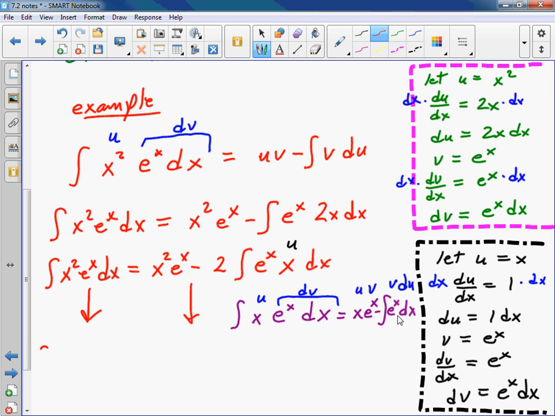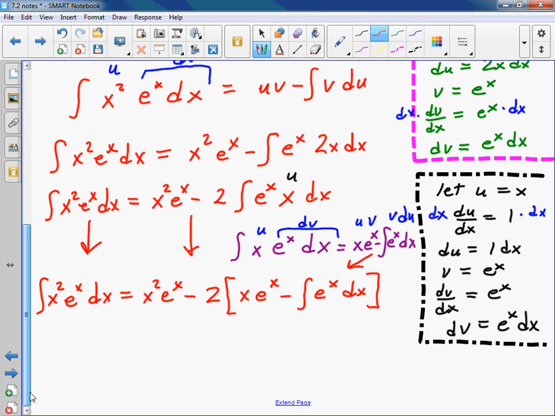So I have now the antiderivative of the first original problem, x squared e to the x dx equals x squared e to the x minus 2 times, I'm going to put all this, you know I love these guys, x, I'm bringing this in, x e to the x minus the antiderivative of e to the x dx.